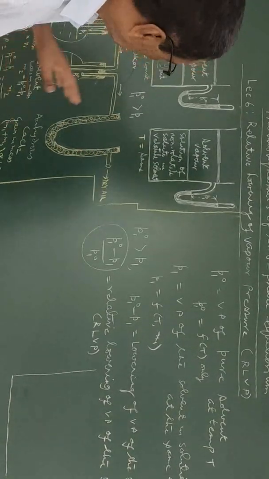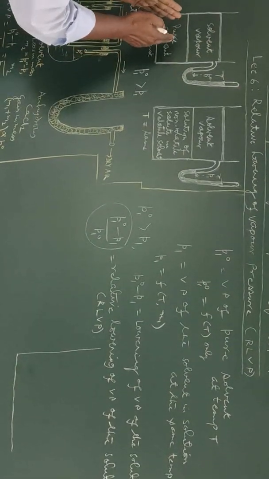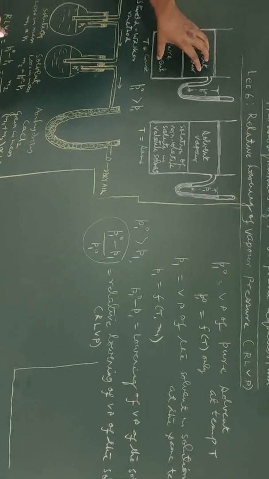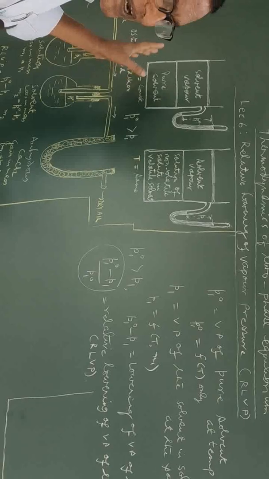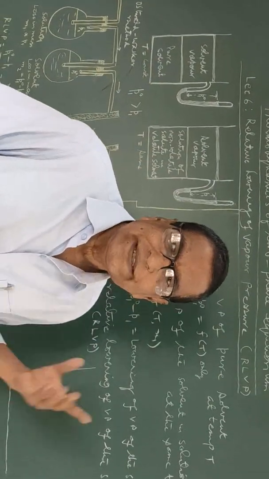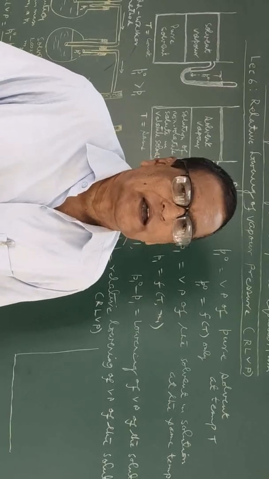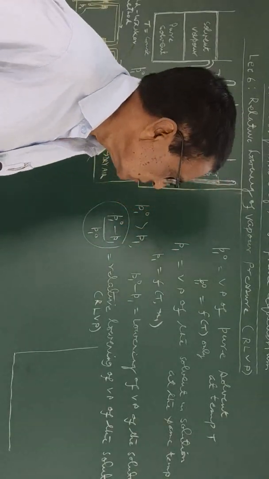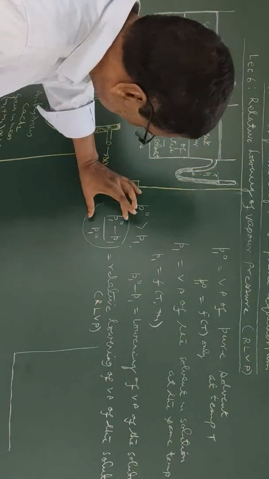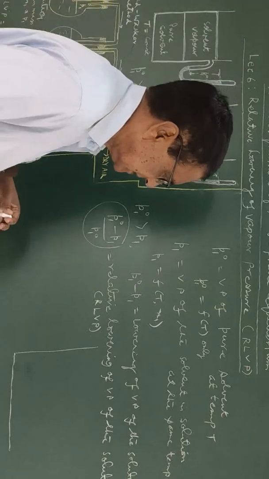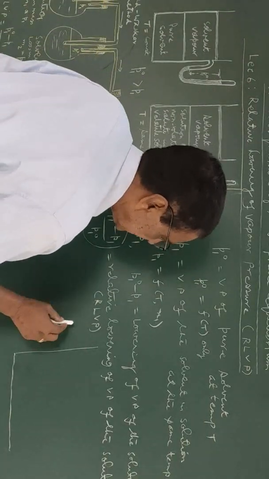Experimentally, the vapor pressures of the pure solvent and the solution could be determined at different temperatures, keeping the two in a thermostat of varying temperature, and the graph will be like this.